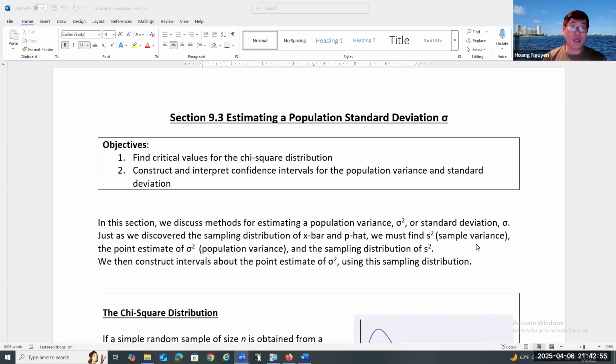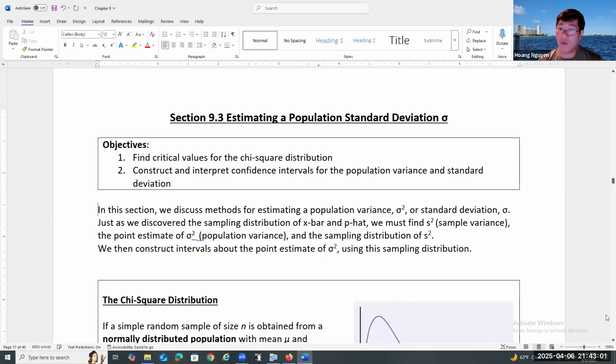In this section 9.3, we're going to talk about the method for estimating the population variance sigma squared or the population standard deviation sigma.